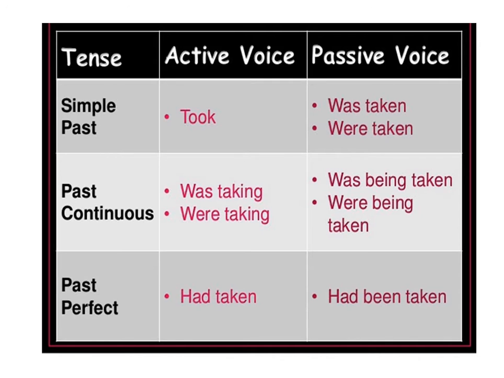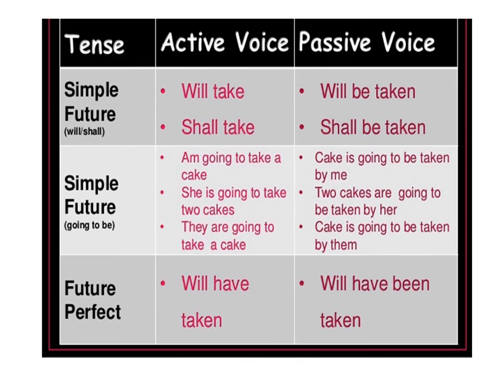When we convert into the passive voice, it becomes was being taken, were being taken. Past perfect: had taken becomes had been taken. Simple future: will take, shall take becomes will be taken, shall be taken. Simple future, like I am going to take a cake.